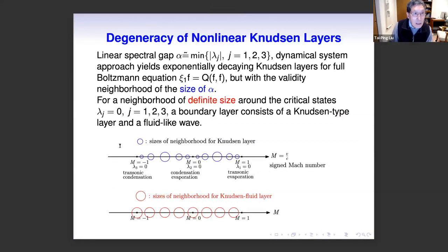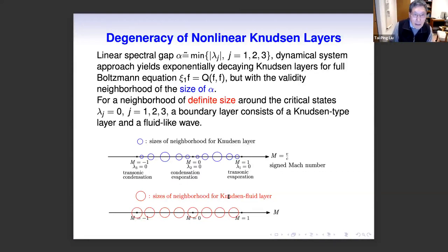So I have this impressionistic picture here. If lambda is near lambda_1, lambda_2, or lambda_3 being 0, the nonlinear wave has a good neighborhood. But as one goes closer to, say, lambda_1 equals 0, then as you go from the linear to the nonlinear theory, this becomes weaker and weaker, and the neighborhood shrinks.